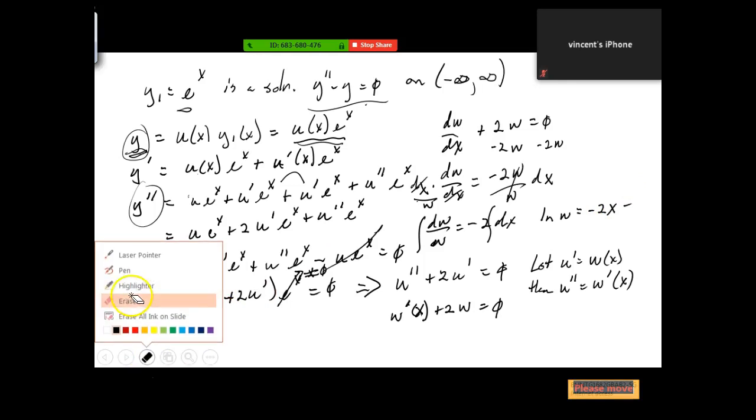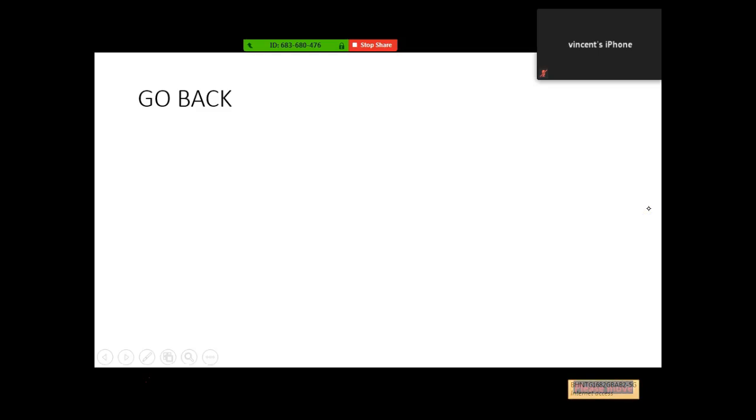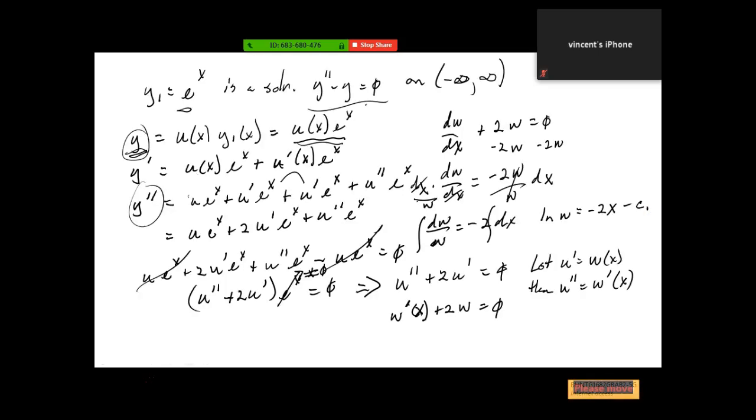We'll even make it minus log of c1 to keep it like the book.